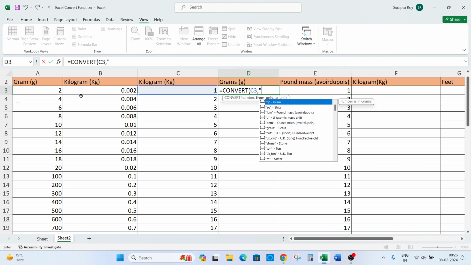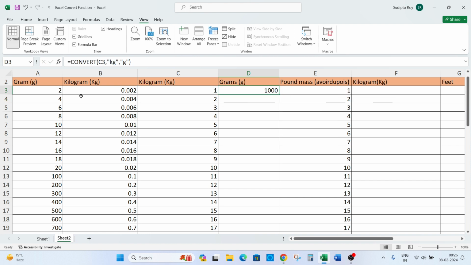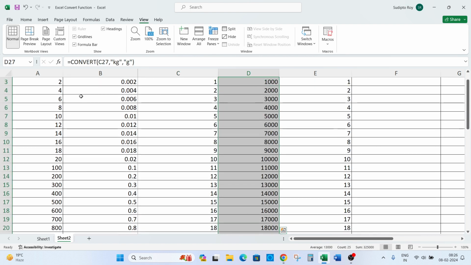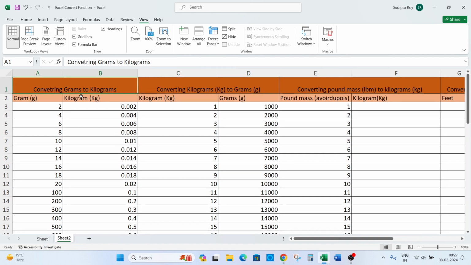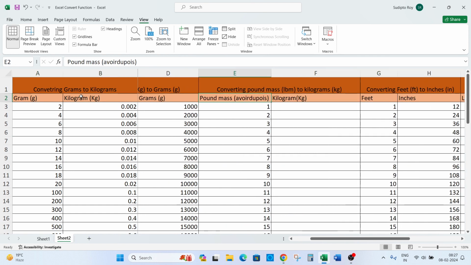This is kilogram, so that is "kg", into gram, which is "g". So I think we got the correct results again. Grams and kilograms is not that much of a big factor here.